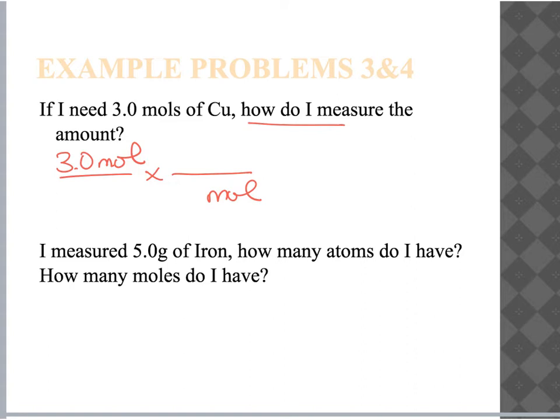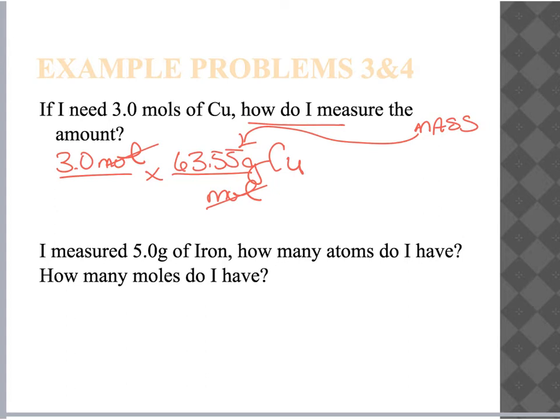That means I'm going to use probably a scale or something, which means I'm using mass. So I would put the molar mass of copper up here as 63.55. And I didn't memorize that number. That number's from the periodic table. Notice my moles cross out, and that is the mass of 1 mole of copper.